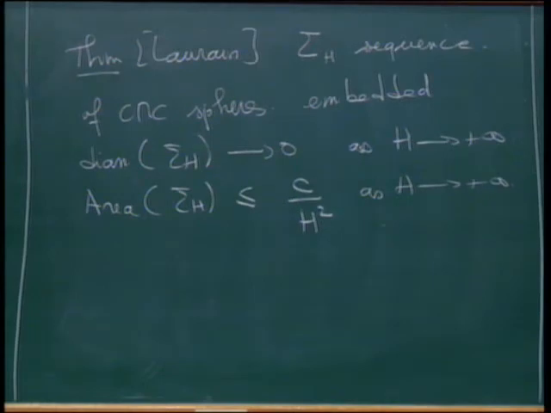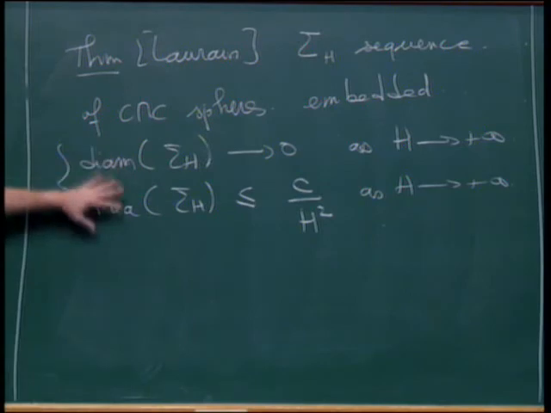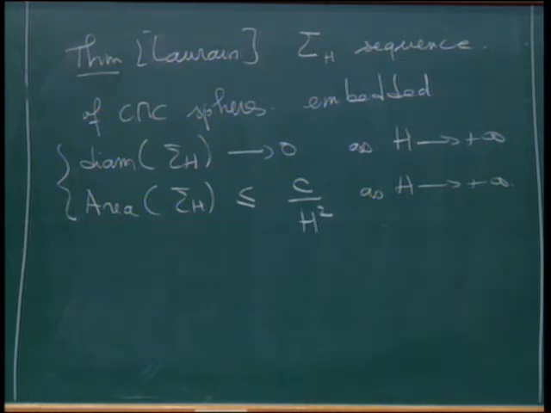So there are these two assumptions, but this is quite natural. For example, if you have one small geodesic sphere, then these two assumptions are fulfilled. Or if you have a connected sum of two small geodesic spheres, this is also fulfilled.